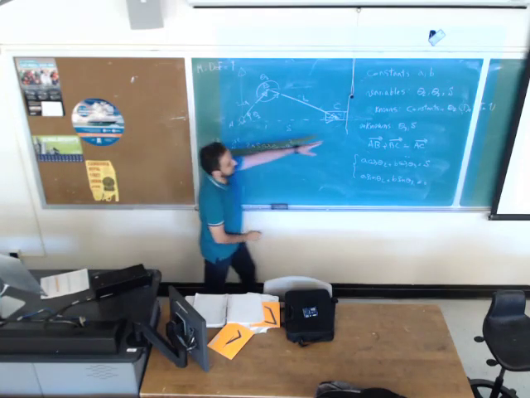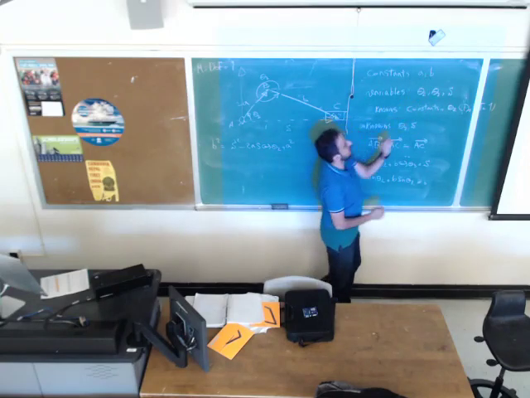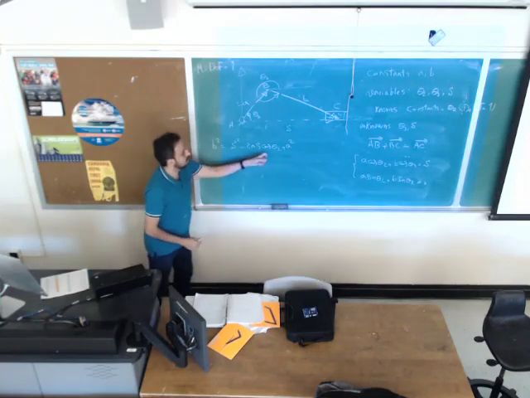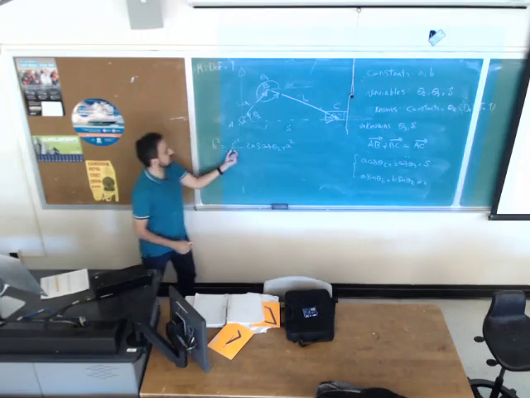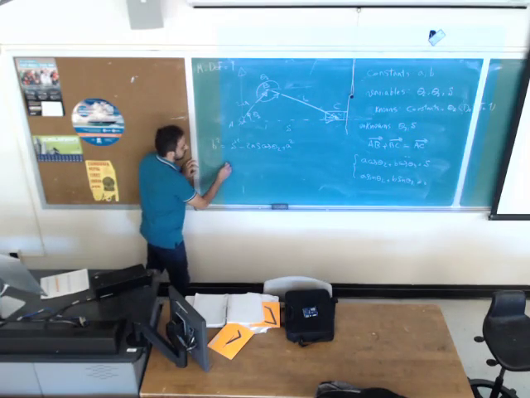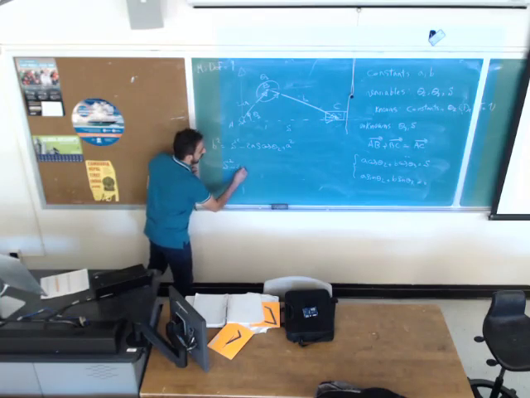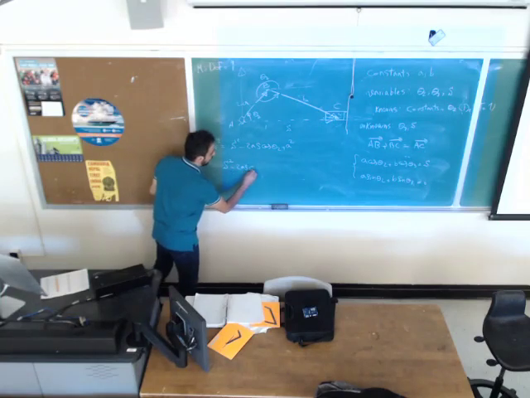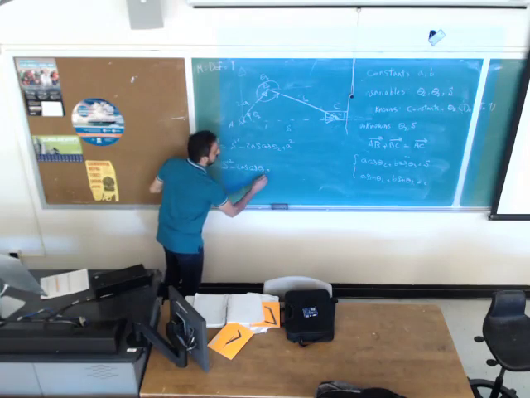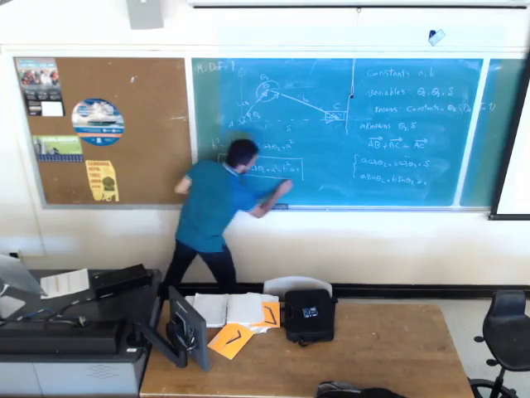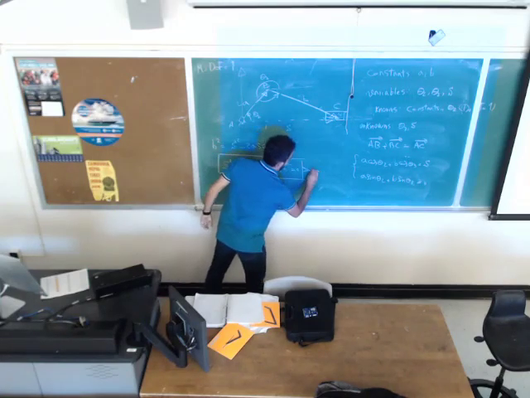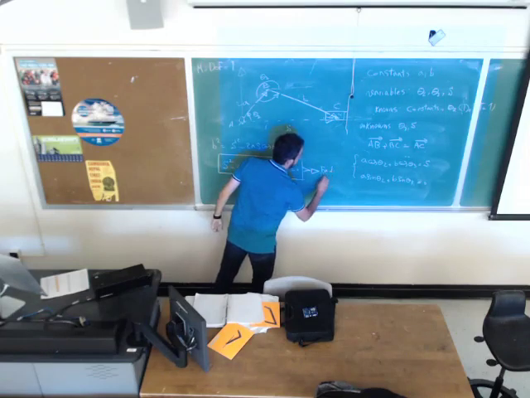B is known. The length of the link is known. A is known. Theta 2 is known. The only thing which is unknown is s. So I'm going to move b squared to the other side, and I'm going to have one quadratic equation. Find the roots.